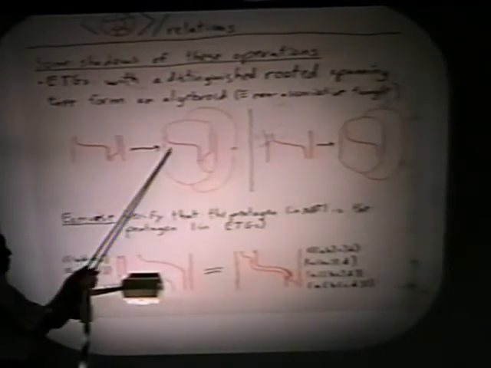And as with non-associative tangles, there's a natural multiplication, just stacking one on top of each other. You can realize this multiplication easily in terms of these operations.